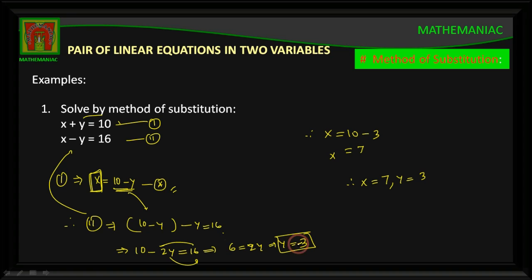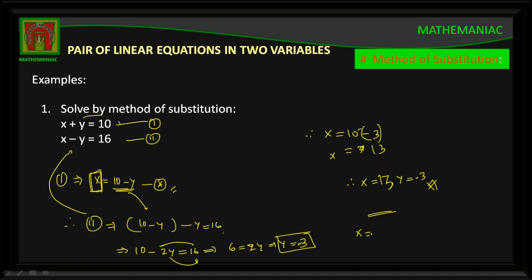Minus 3, sorry, this is not 3, this is minus 3. So once it is minus 3, then this is 10 minus 3, your value is 13, right? So 13 is the value of x and minus 3 is the value of y.